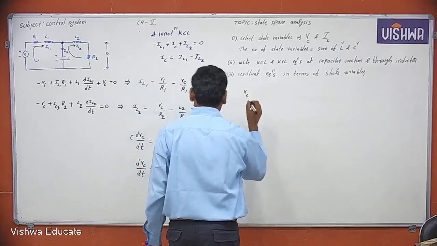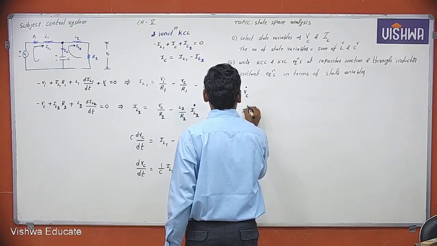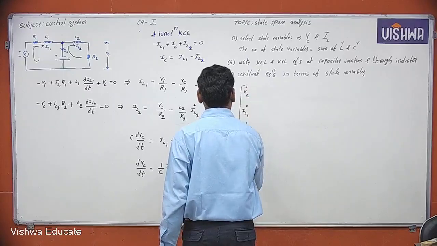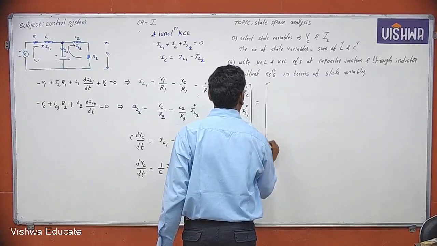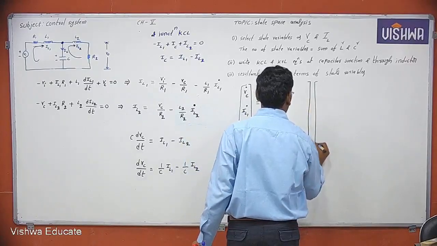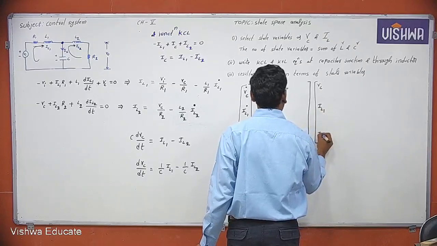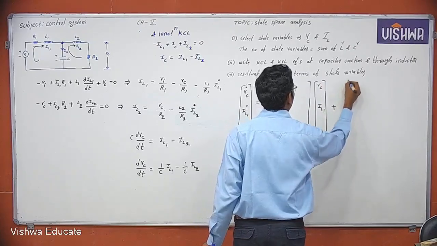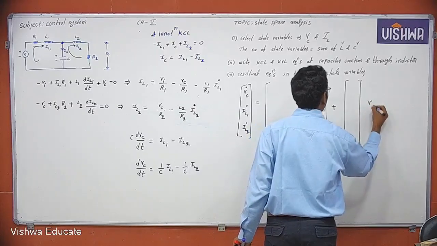So Vc dot, IL1 dot, IL2 dot is equal to the matrix acting on Vc, IL1, IL2, plus, now this is input Vi.